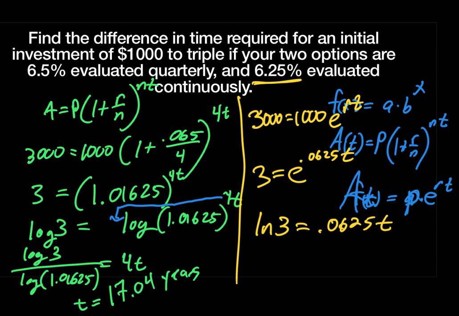So then I take the natural log of 3, which on my calculator is 1.098612289. Divide that by 0.0625. T equals 17.578 years.